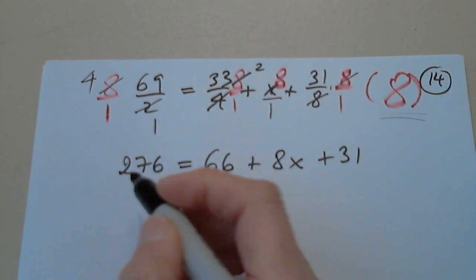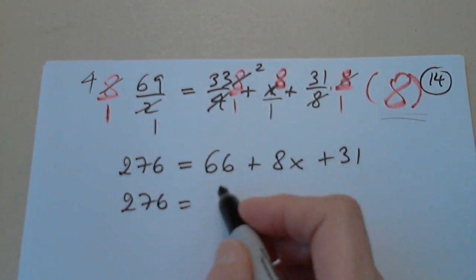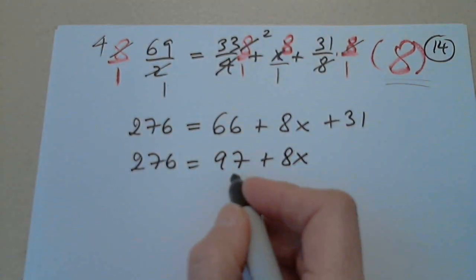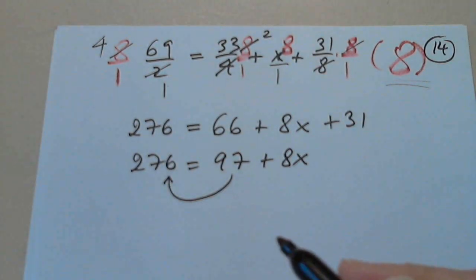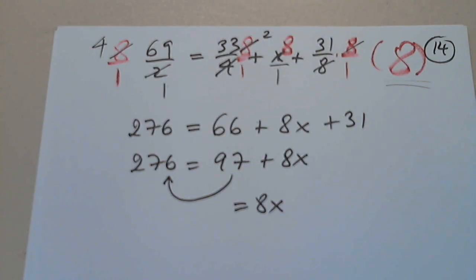Good. First thing I'm going to do, of course, I will clean it up on the right-hand side, and I have 97 plus 8x. Now I will move the 97 to the other side, changing its sign. And all I have to do is perform 276 minus 97. That's all I need. And I get 179.